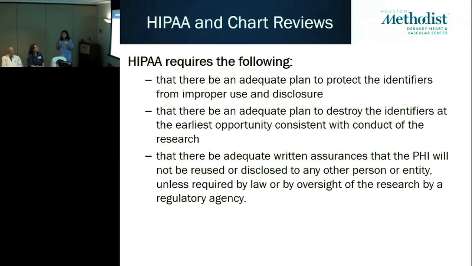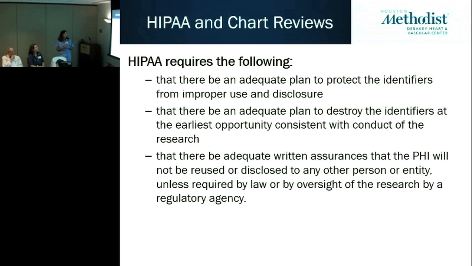HIPAA, in that application for that waiver, you're going to have to say what the adequate plan is to protect the identifiers from improper use or disclosure. The IRB wants to know what your plan is to destroy the identifiers at the earliest opportunity. Sometimes if you don't plan to destroy the identifiers, you have to state so and say how you're going to keep that information safe and secure.